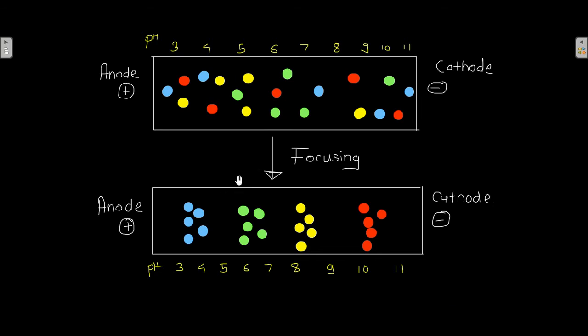It will reach a pH equal to its pI, at which the net charge on the protein will be 0, and when the net charge becomes 0, it will stop migrating.